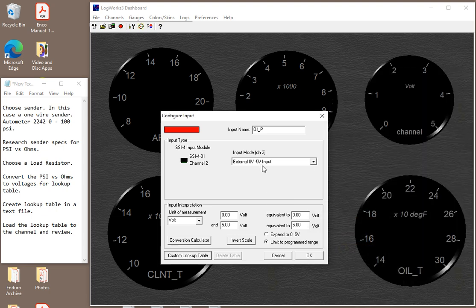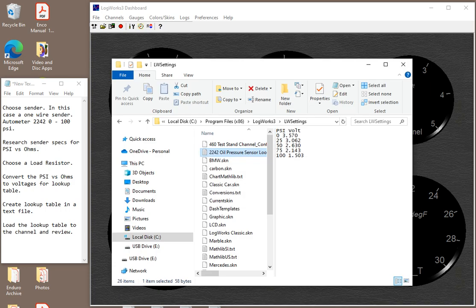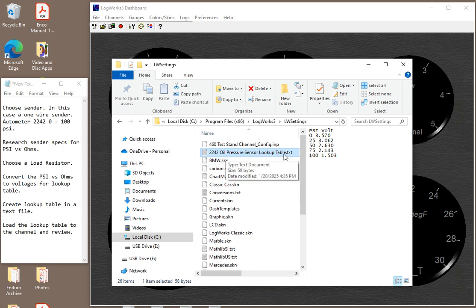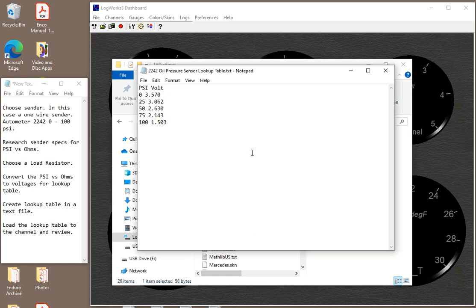So we need to create a text file. I've already done that. I called it the 2242 oil pressure sensor lookup table. In it, the column requires the unit of measure and the voltage.